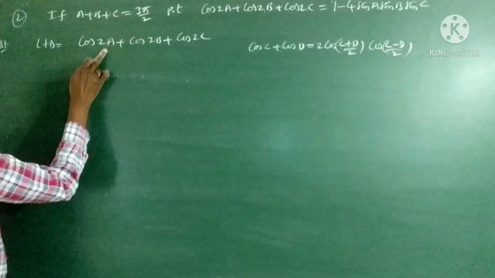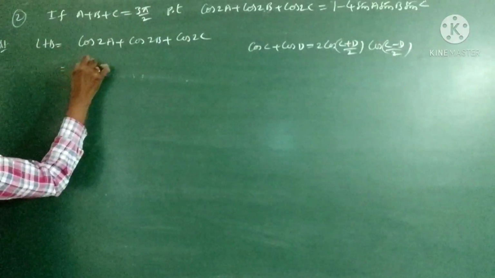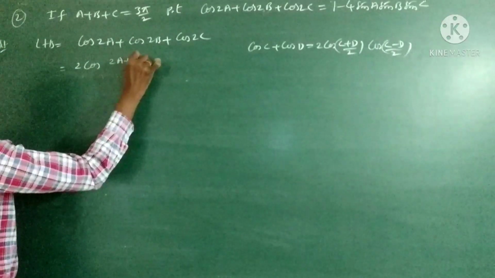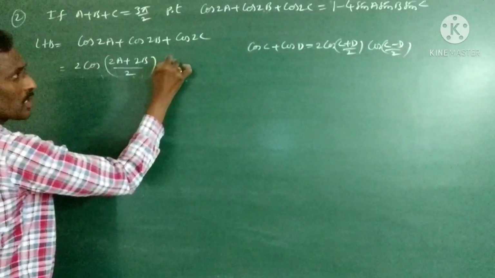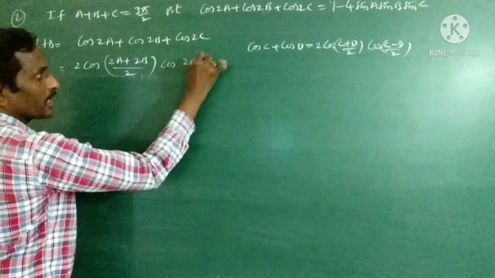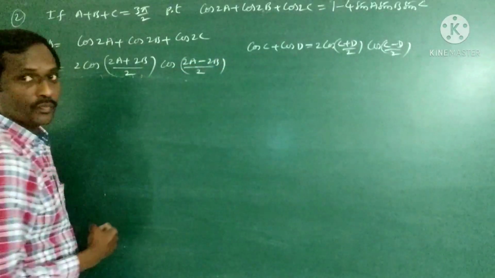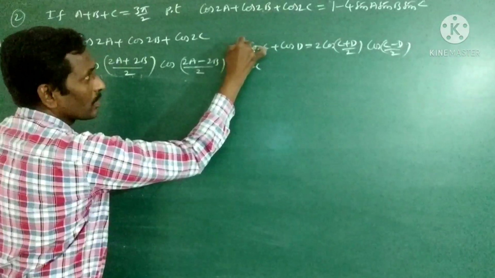But here C becomes 2a, D becomes 2b. Write the values. This equals 2 cos function of C value plus D value by 2 into cos function of C value minus D value by 2. The third function write as it is, cos 2c.